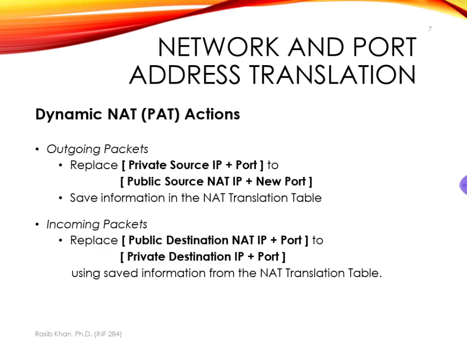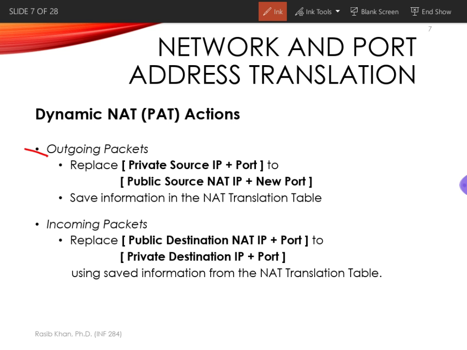So let's see how this works in terms of the dynamic NAT actions. First of all, for all outgoing packets, the NAT server will replace the private source IP and port with the public NAT IP and a new port. And this translation that the NAT server did, it will save in the NAT translation table.